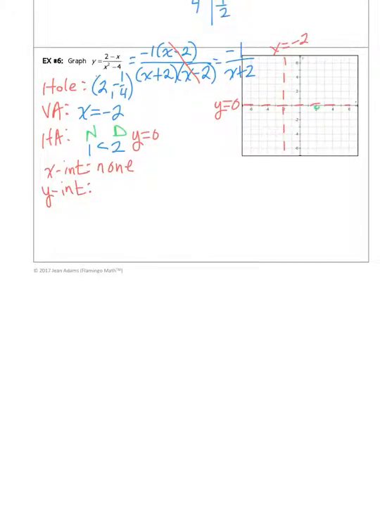I'm going to let x equal 0. So I have y equals negative 1 over 0 plus 2, so I end up with y equaling negative 1/2. So my y-intercept is going to be 0, negative 1/2.